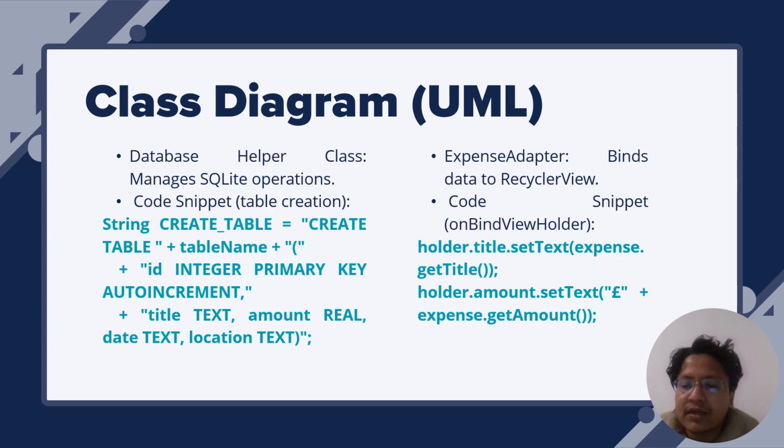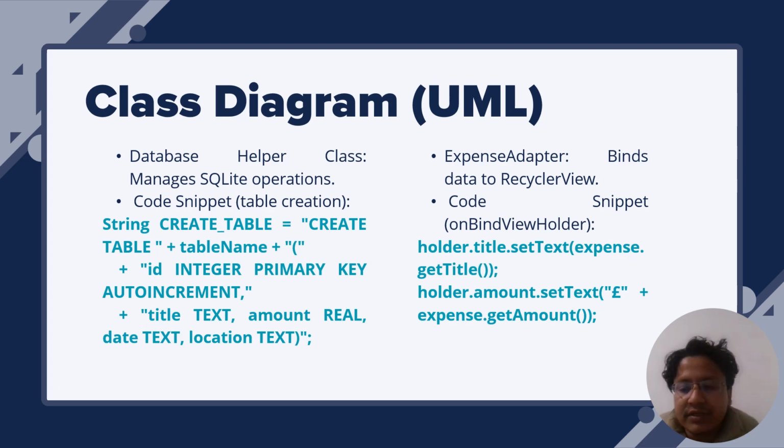Diving deeper into the database class, it handles all storage logic. When a user saves an expense, Personal Expense Tracker creates a table like expense_user_123 with this schema. SQL: CREATE TABLE expense_user_123, id integer primary key autoincrement, title text not null, amount real check amount greater than or equal to 0, which ensures non-negative input, date text, location text default 'Unknown'.